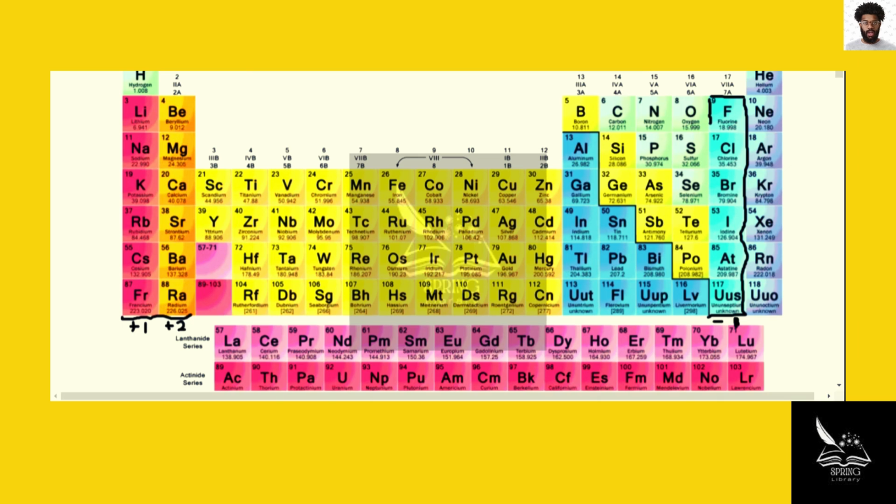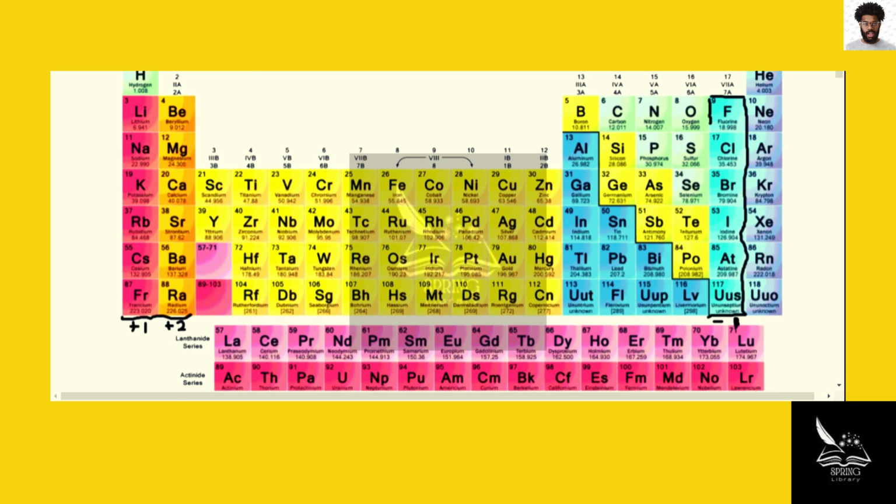And so they only need one more electron to get their 8 valence electrons. And so they are ready to easily accept or take an electron, and only one electron. So these are going to be the least able to be oxidized.